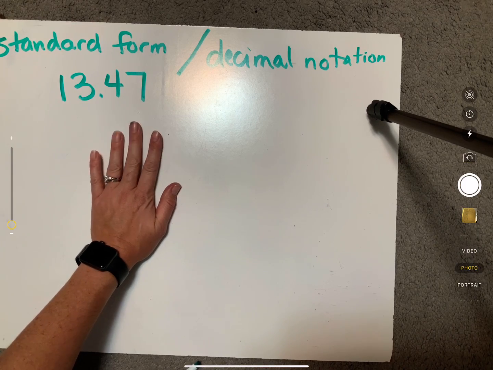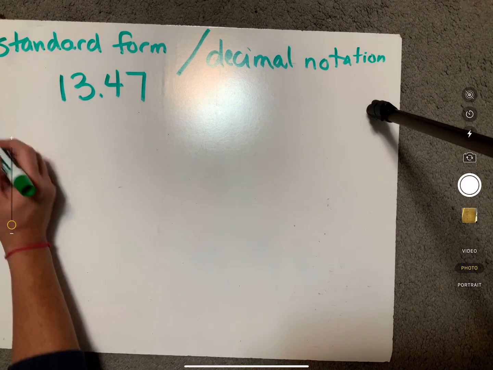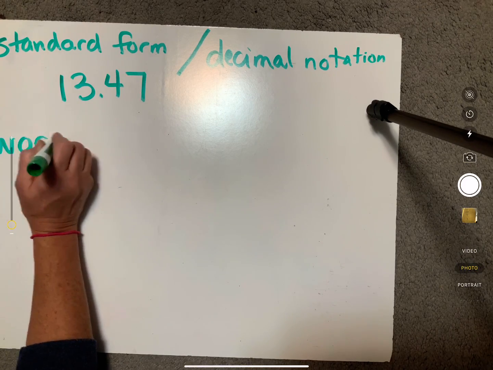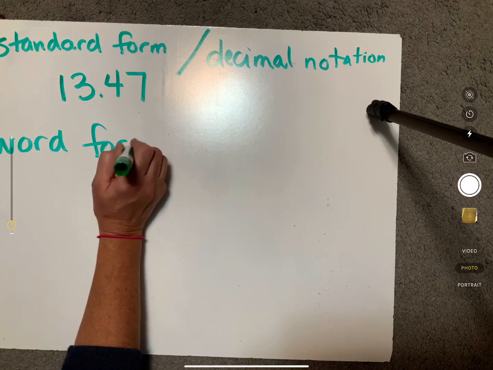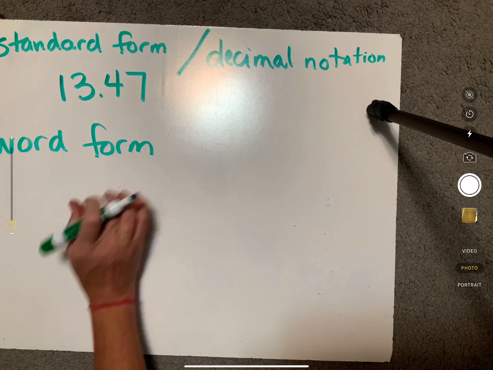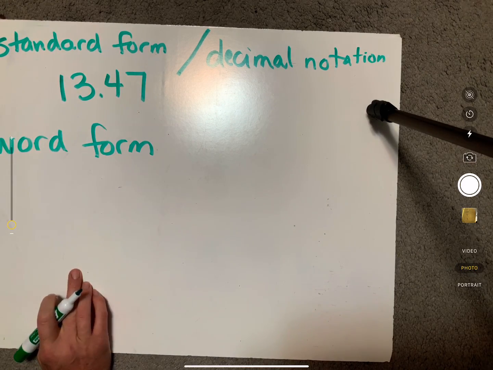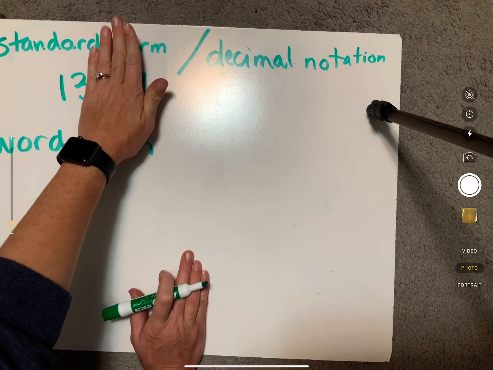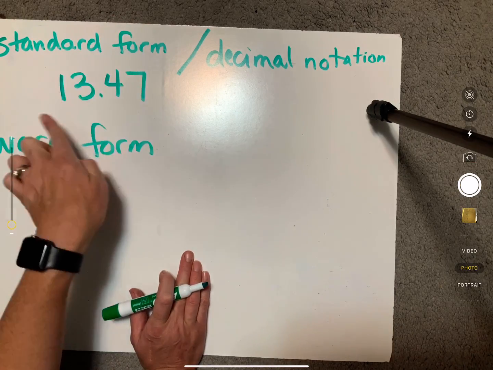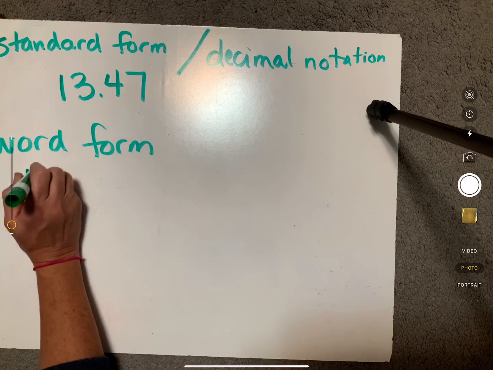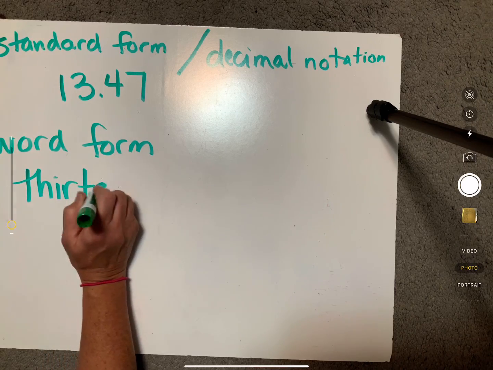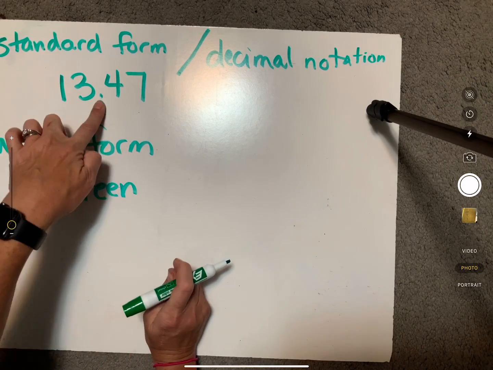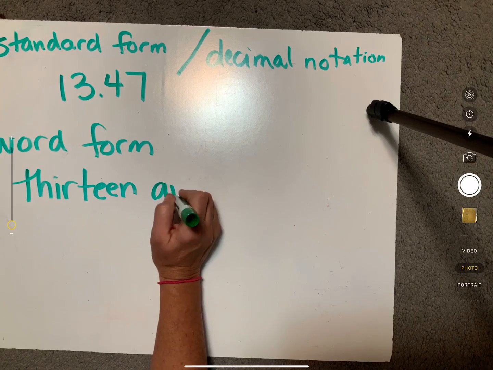Then the second thing you want to think about is your word form. How would I say this number? When saying this number, you say the whole number the same way you normally would, so this would be 13. And the decimal is "and."